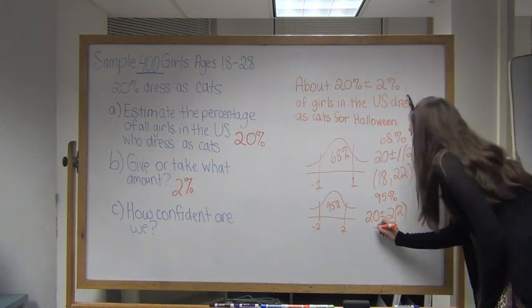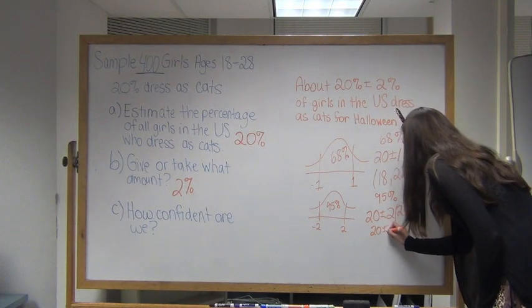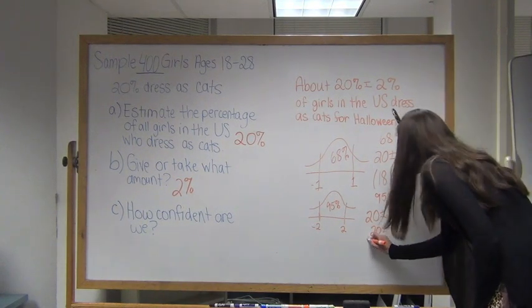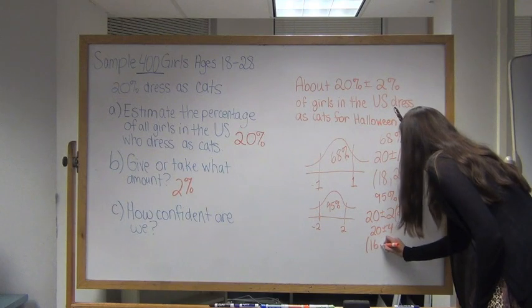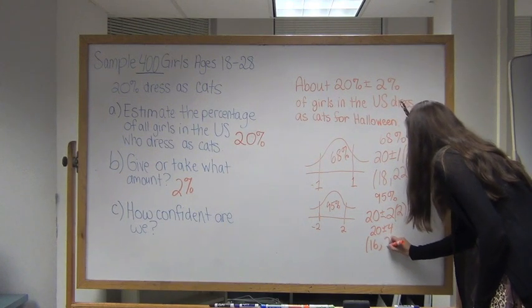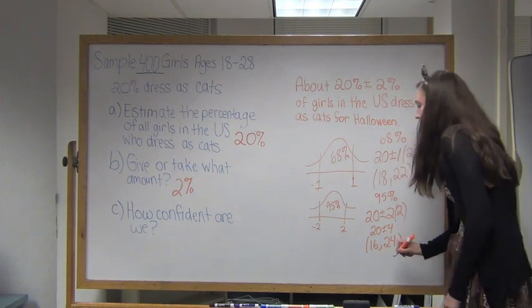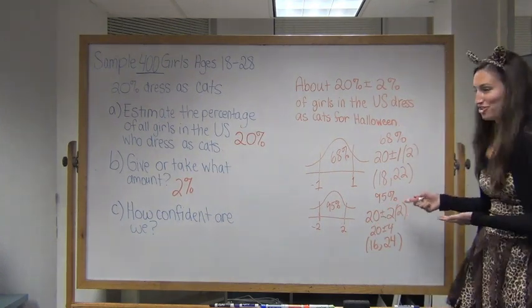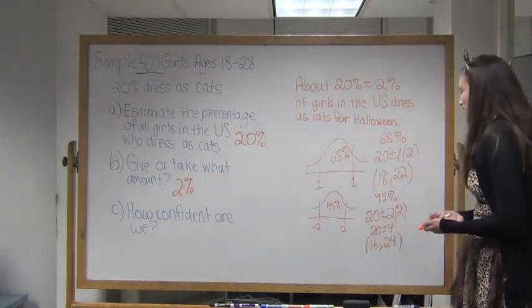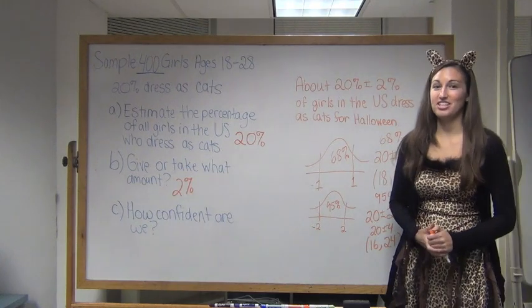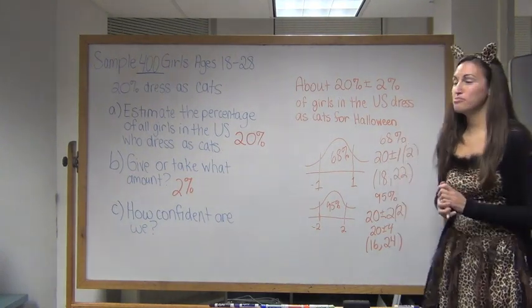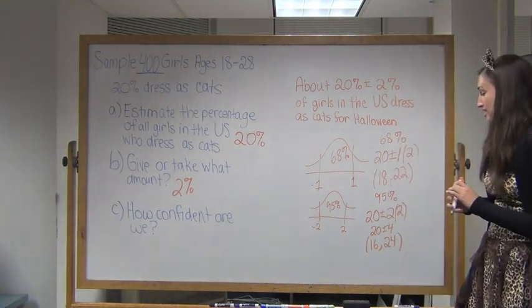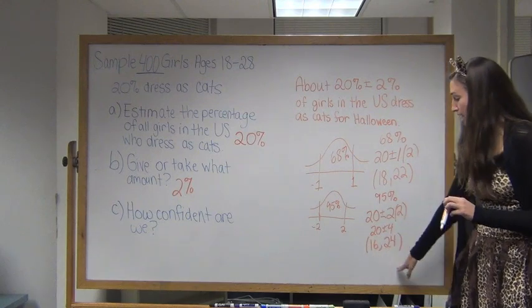So this gives us 20 plus or minus 4, which is an interval 16 to 24. So now again, an interpretation of this interval would be that we are 95% confident that the true population percentage is in between 16% and 24%.